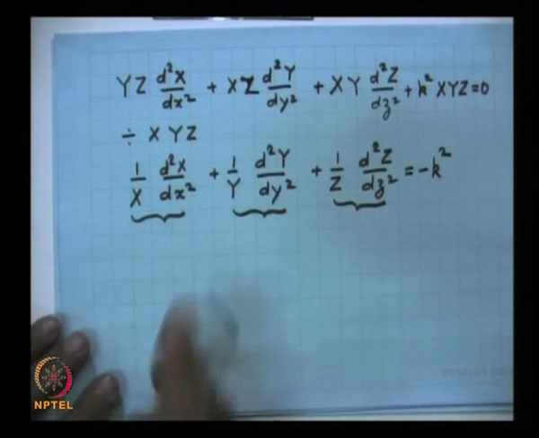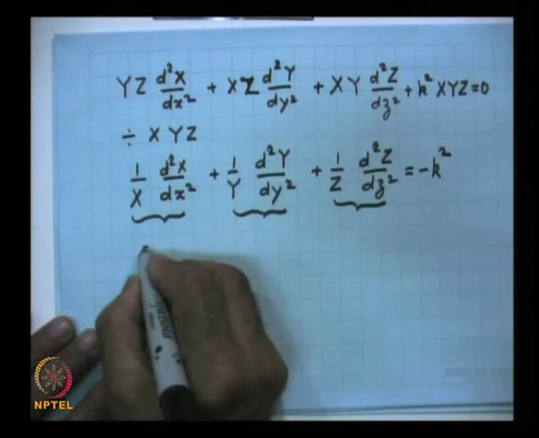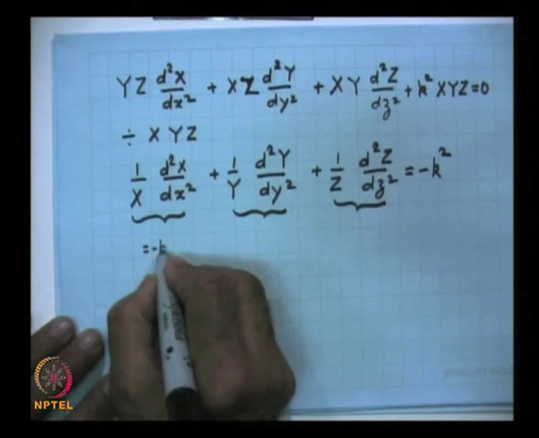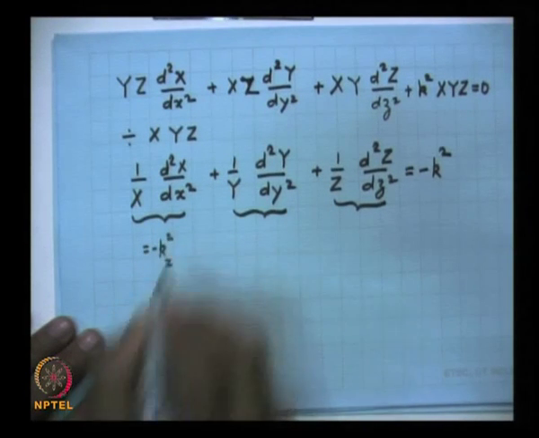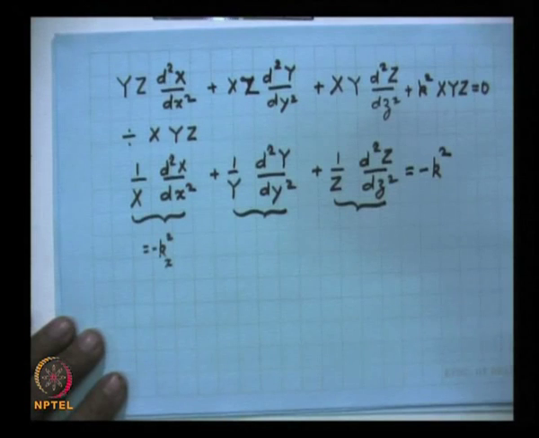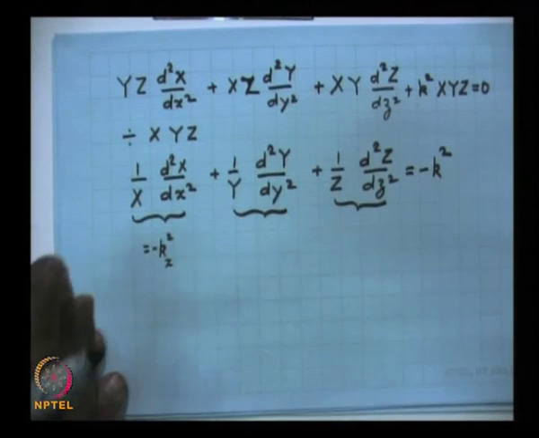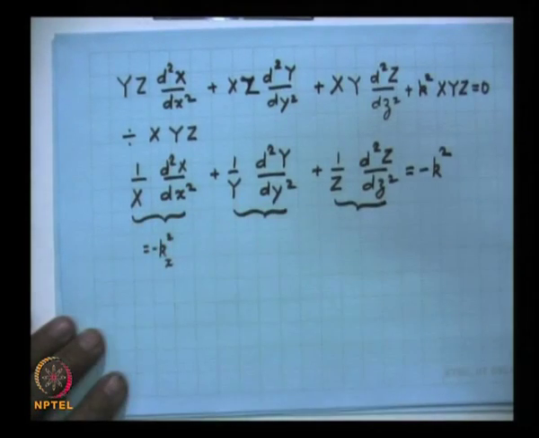So, I write this must be equal to, let us suppose, minus k x square. You cannot set it equal to a positive constant, because then, as we will show later, it will not be able to satisfy the boundary conditions.